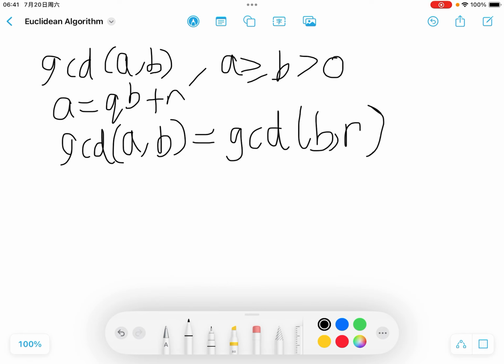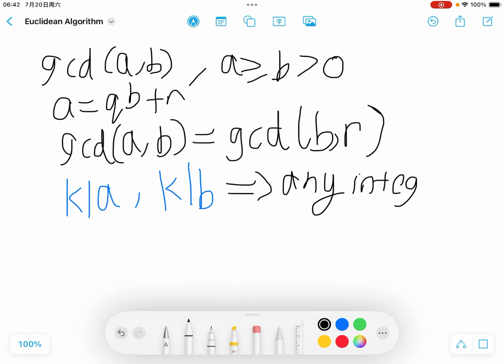So why is this? Let's say both A and B are divisible by a factor, let's say K. So A is divisible by K, and B is divisible by K. Then this means that for any integer q, QB is divisible by K. So why is this?